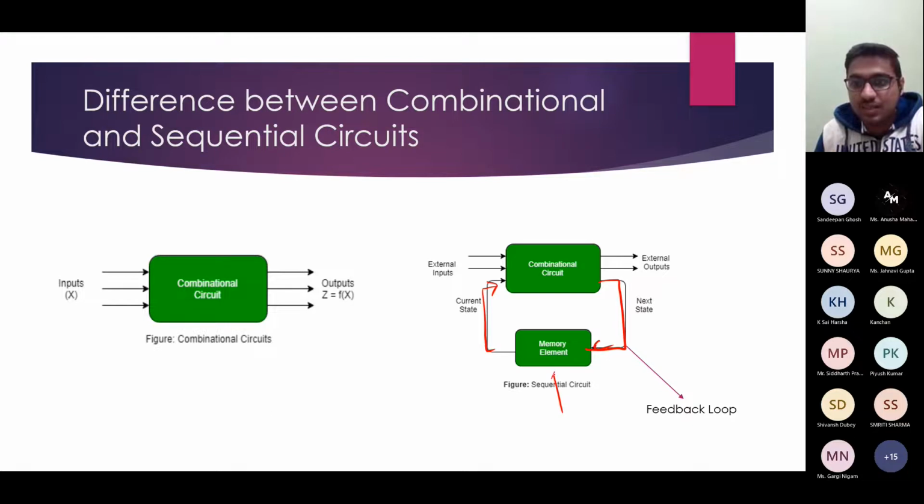This is the memory element, and this path is called the feedback path. This provides the output to the input of the combinational circuit. While this combinational circuit doesn't have any feedback loop, and that's why the output depends only on the current input. Here you can see inputs are say x1, x2, x3, then outputs are f of x1, f of x2 and so on.